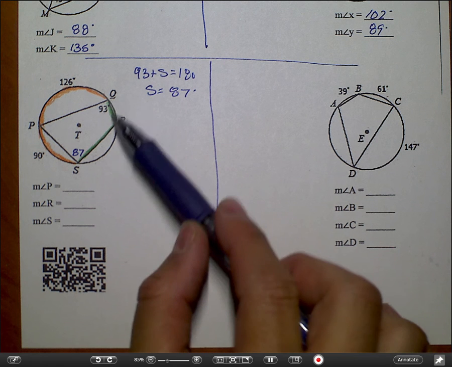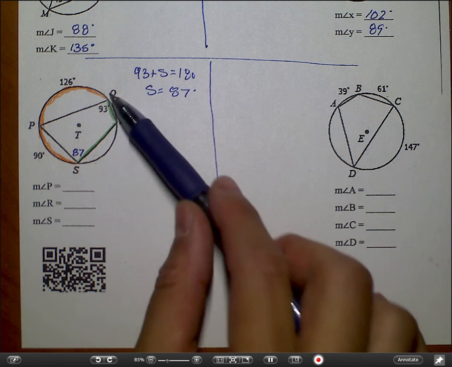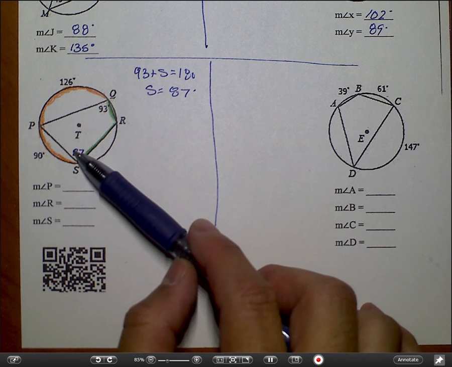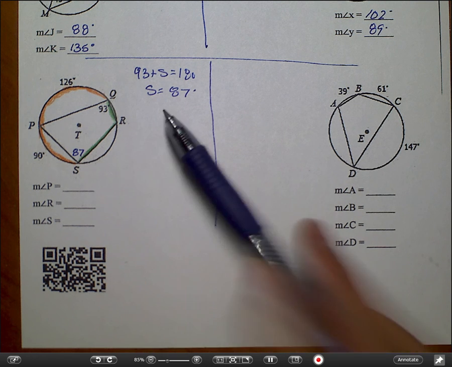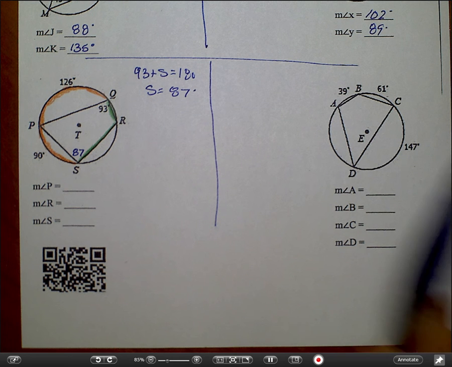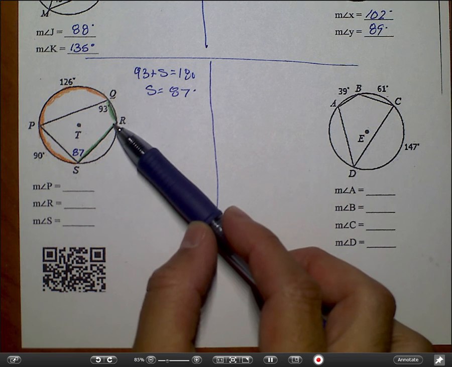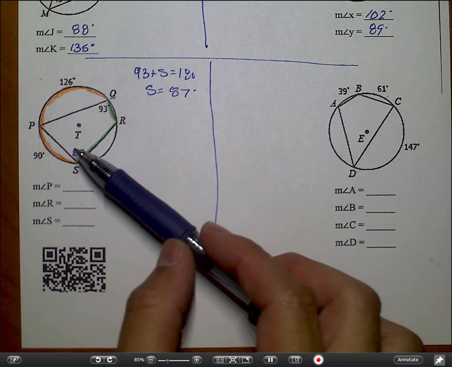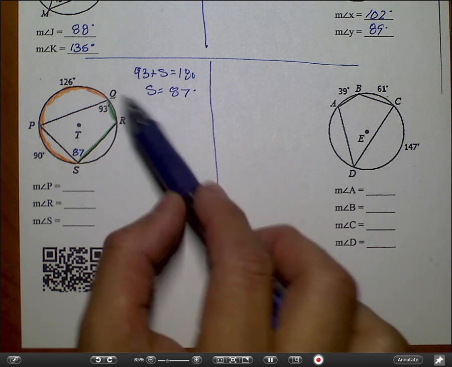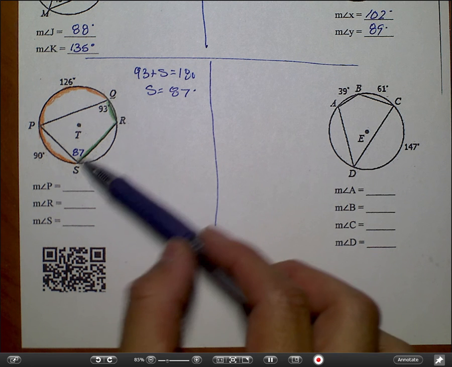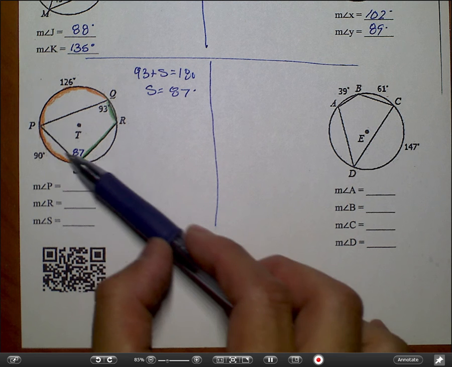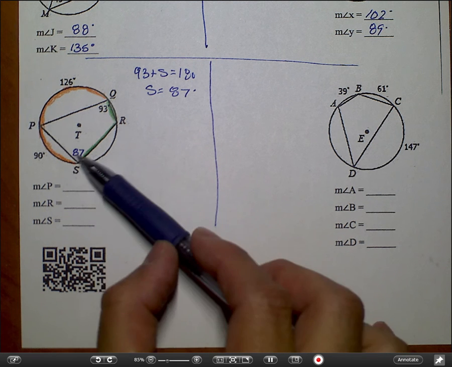So it's an inscribed angle, and we know that the angle should be half the arc. The inscribed angle is half the arc. Here's my inscribed angle in green. So I have QRS is my inscribed angle. So my angle is half my arc. So I did the arc all the way right here in orange.